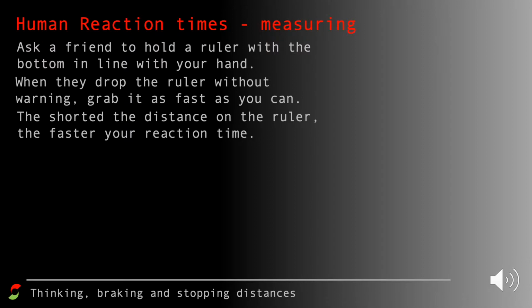So technically that isn't a calculation or a measurement of your direct reaction time, but you could do something like this to see how your reaction time is affected by drinking cups of coffee or Red Bull, or stimulants, something along those lines. But it doesn't tell you your reaction time as such.